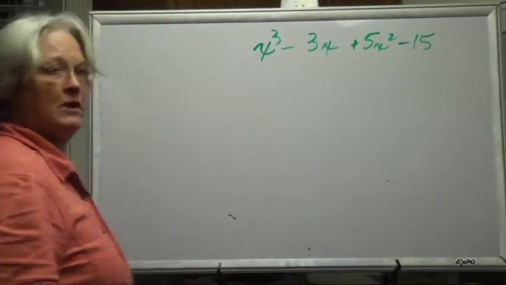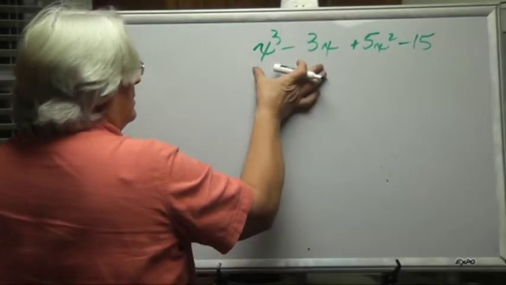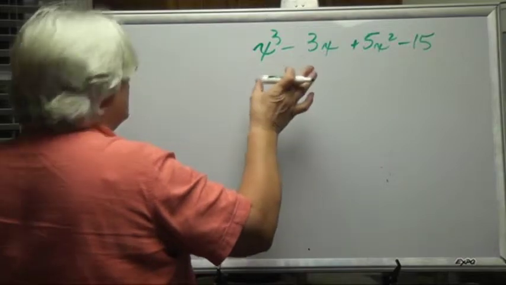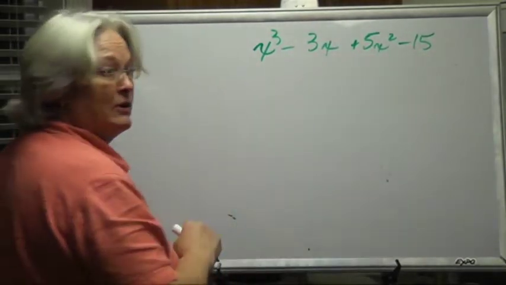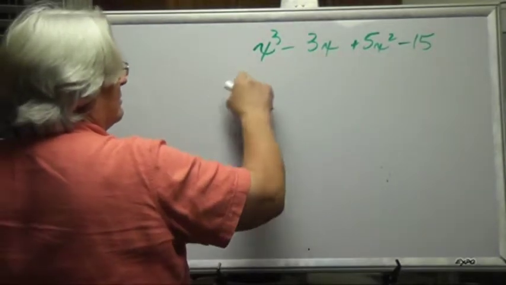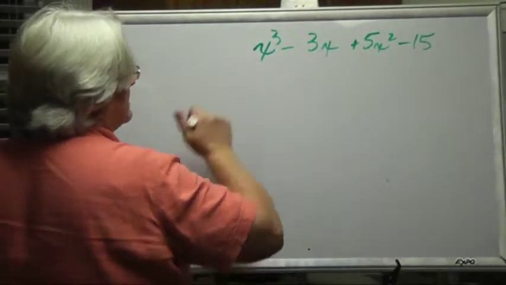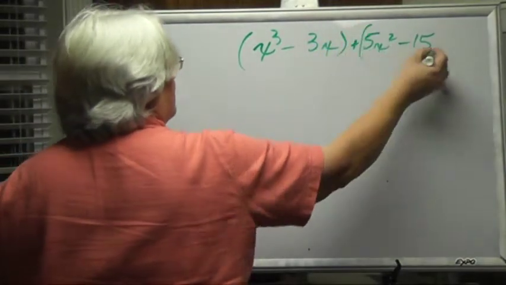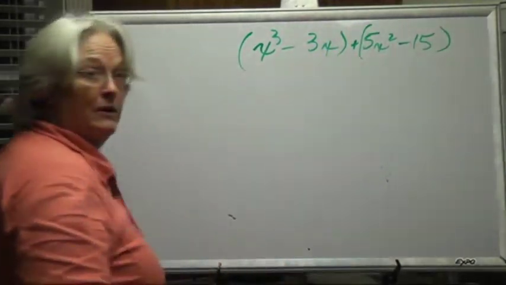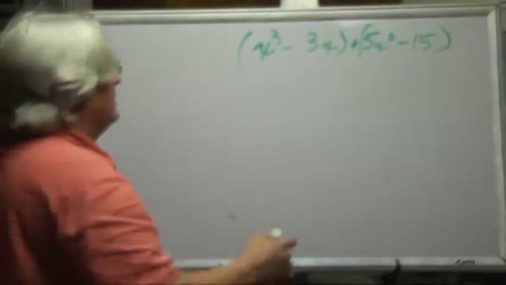So we're going to want to group these together, going to group the terms together as binomials. Here we've got a factor of 5 in common. Here we have a factor of x in common. Let's see what happens if we group these two together and we group the 5x squared minus 15 together.